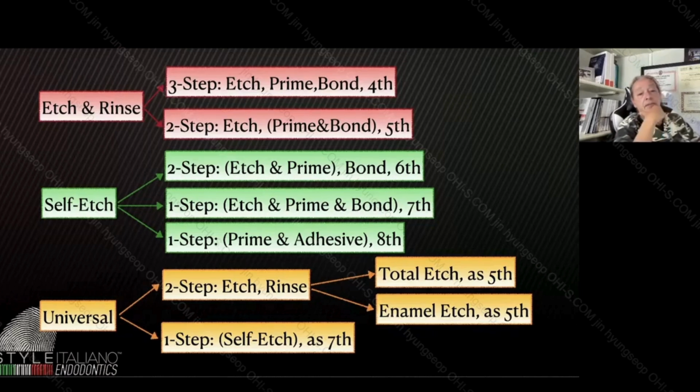So currently, etch and rinse, self-etch, and universal adhesive systems are the main strategies that we have to promote the adhesion of composite resins to the dental substrates. The etching is performed using phosphoric acid that optimizes the enamel surface conditioning.